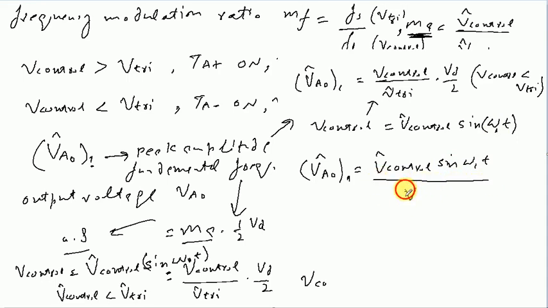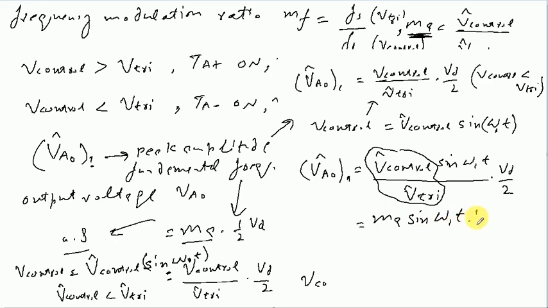The denominator remains as it is, V triangular, and over here we had V D by 2. Now we know that the ratio of these two is equal to the amplitude modulation ratio, as we can see here. The rest of the terms will remain as they are.